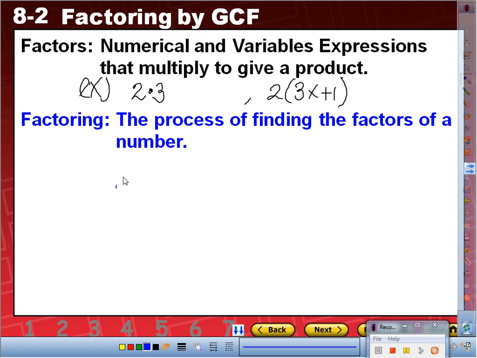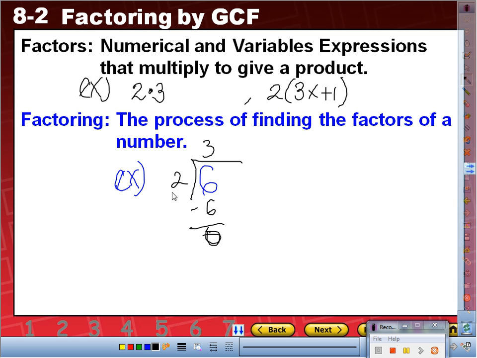So for factoring, let's say they gave us the number 6. To find the factors of 6, check this out. What number can divide into 6? 2. Okay, so 6 divided by 2 is 3. And so therefore, what are my factors? 2 and 3.